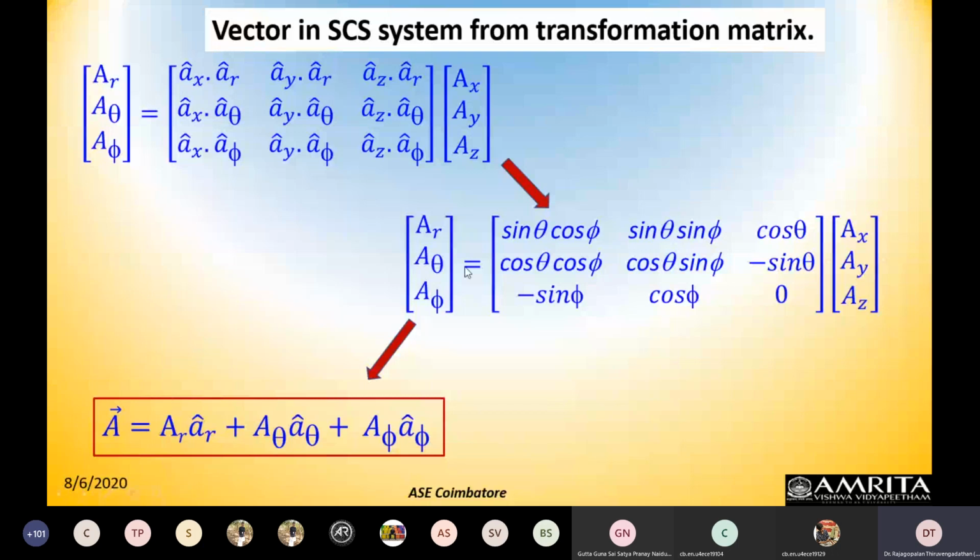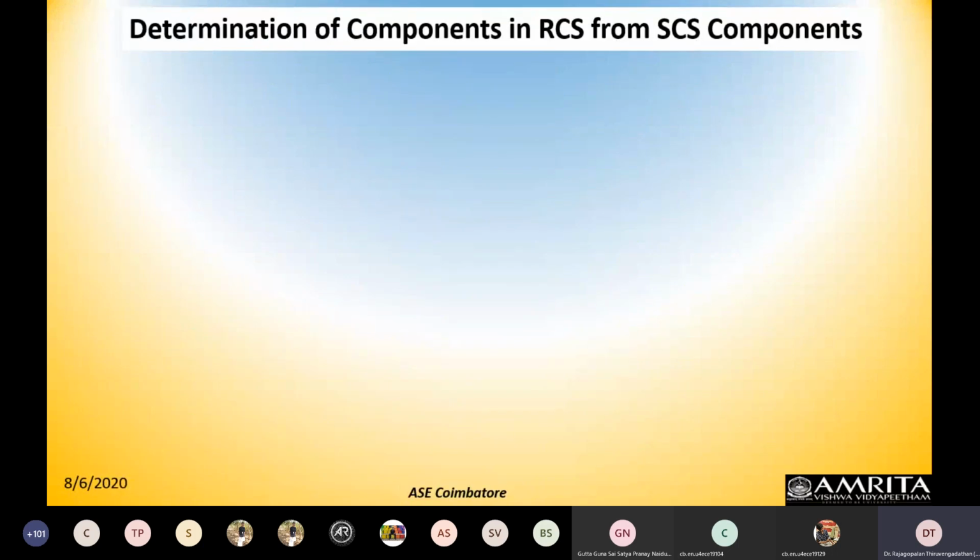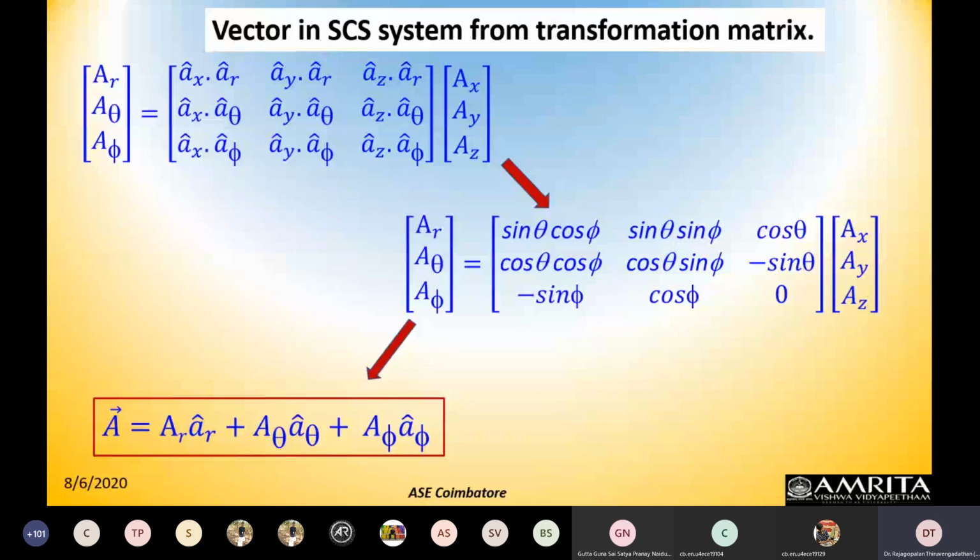Once I substitute here, I can operate that at any given angle and get Ar, A theta, A phi, and get the vector written in the spherical polar coordinate system. Now the only thing is this matrix is applicable when I know the rectangular coordinate system components.